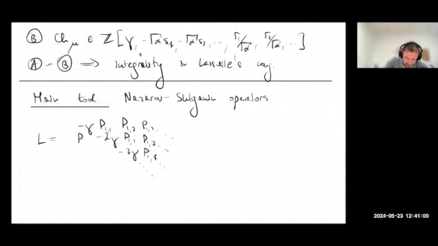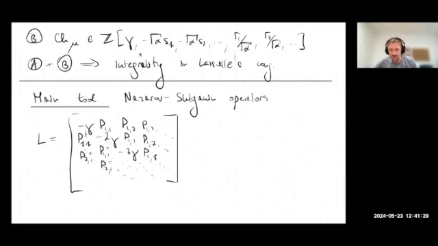And here I will have P11 dagger, P21 dagger, and so on. So I hope that it is clear how the matrix looks like.